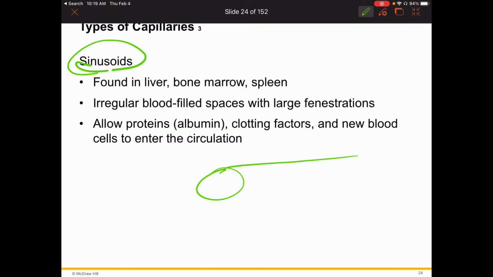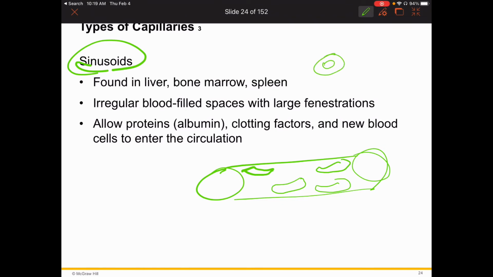One way to think about a sinusoid capillary is having permeable areas of significant size, right? You're going to find these in places where we need to put things like RBCs into the bloodstream, so they need some ability to get in there.